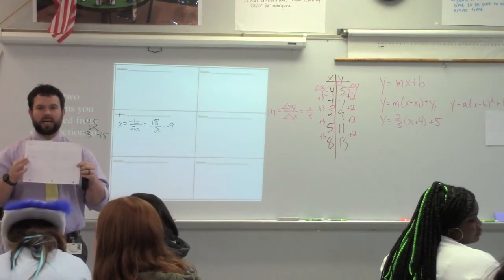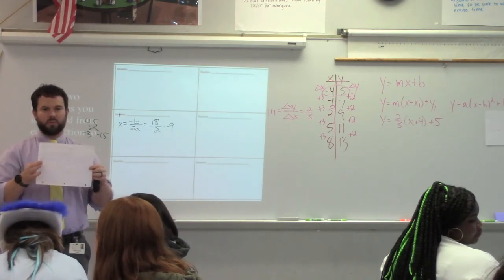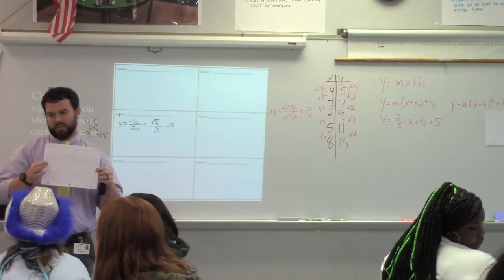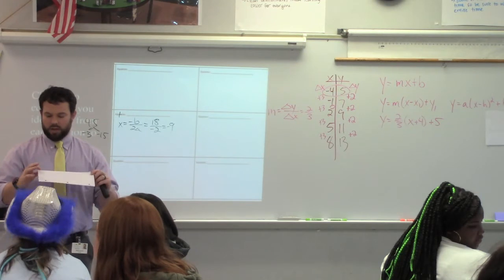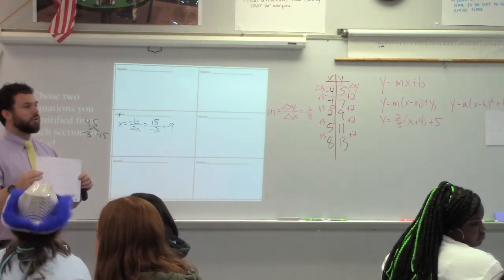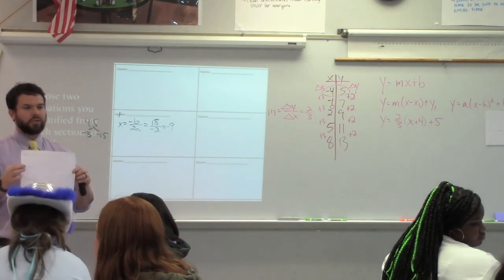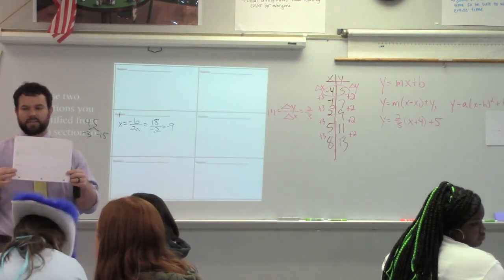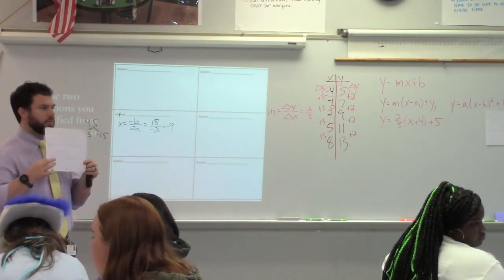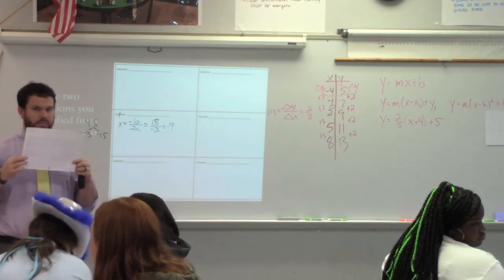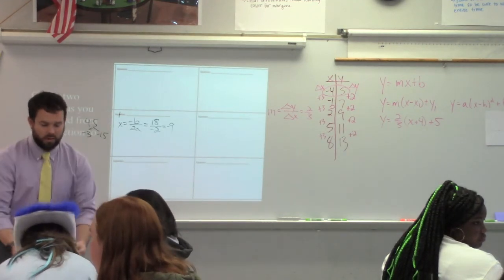I want you to get practice converting it to vertex form. You need to be able to do that for the assessment, don't you? As a group, actively collaborate and choose two equations to do with quadratic formula, vertex form, and then factoring. What are your questions about those directions? Going once. Going twice. Let's get to work.